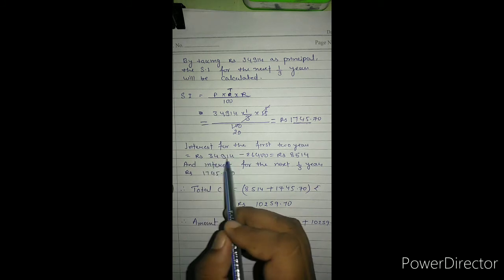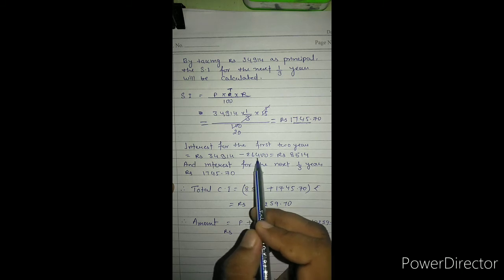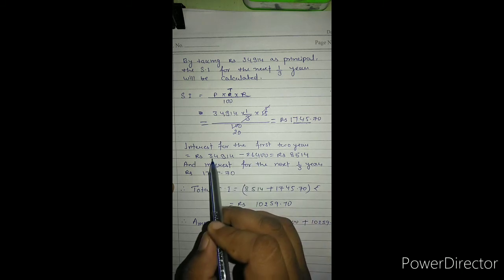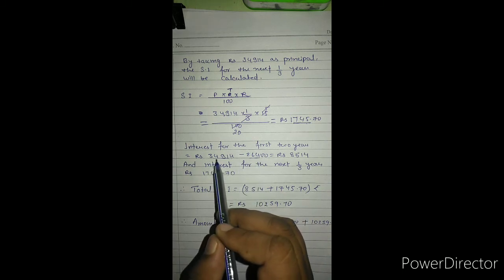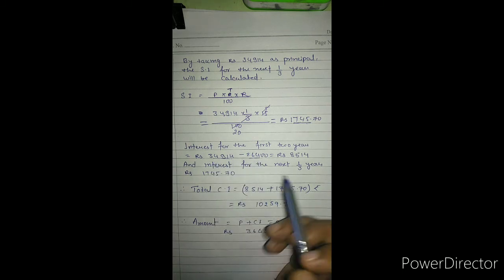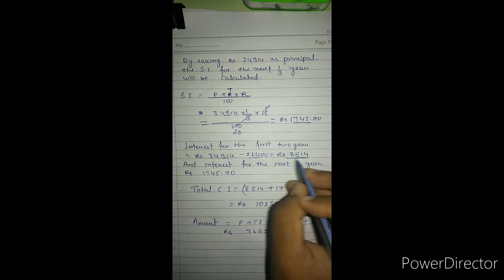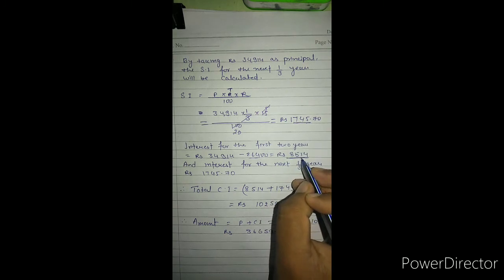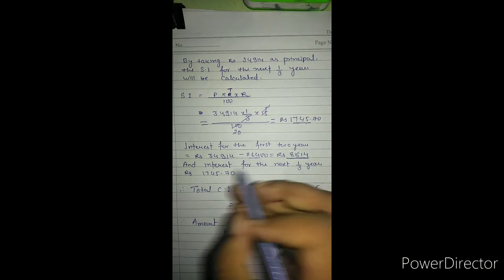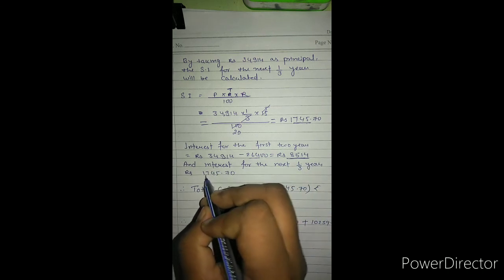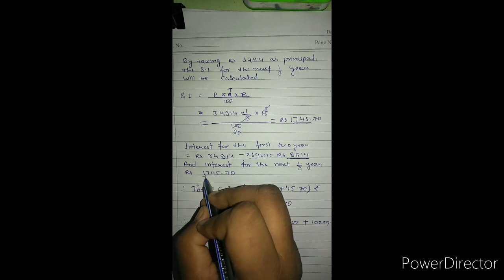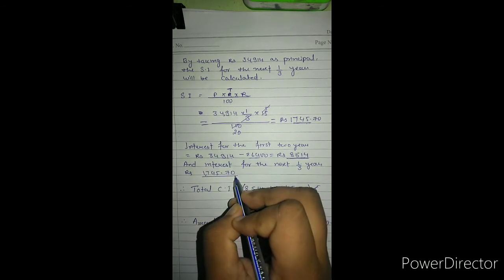The amount after the first 2 years is 34,914 rupees, and our principal amount was 26,400. It was the A and this is P. When you subtract, you will get 8,514 rupees as the interest for the 2 years, and the interest for the next 1 by 3 years is 1,745 rupees and 70 paise.